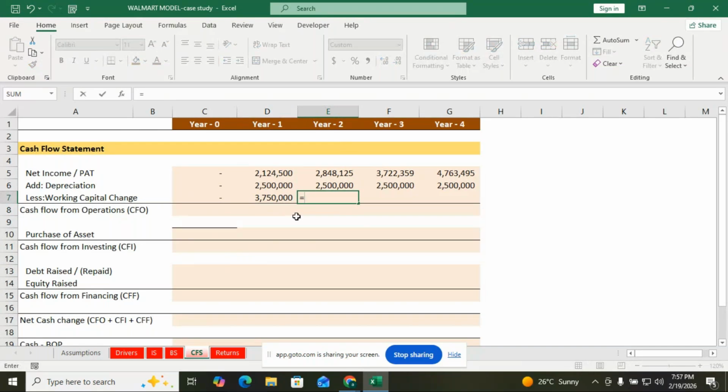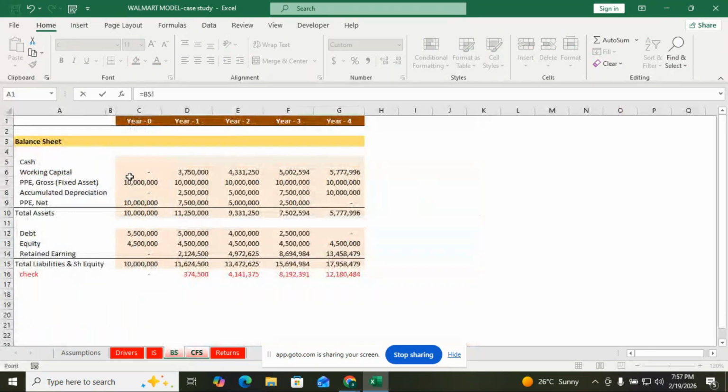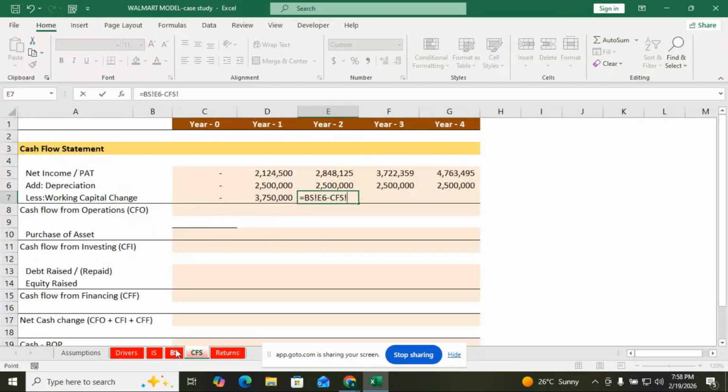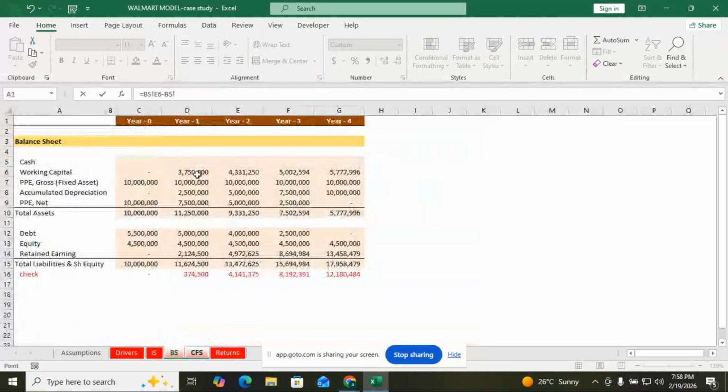So equals to year 2, this, minus, come back to your cash flows, again take your previous years.